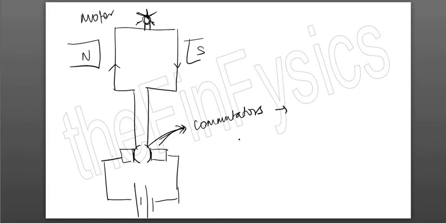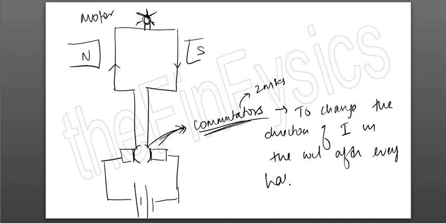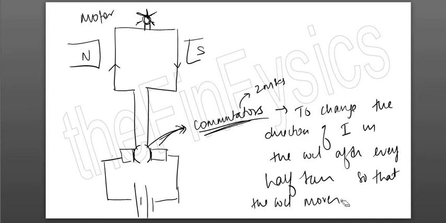Normally this comes for 2 marks, and the role of the commutator is to change the direction of current in the coil after every half turn, or after every 180 degrees, so that the coil rotates in one direction only, in one single direction.